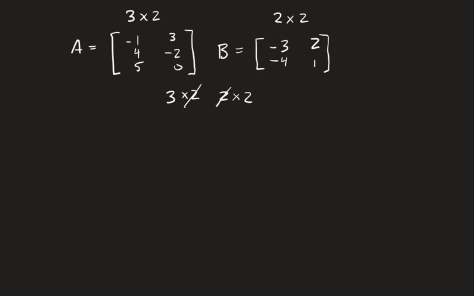You just need to make sure that those numbers match, but your new matrix is going to be 3 by 2. So the numbers outside, the 3 and the 2, are going to tell you what the next size is going to be.